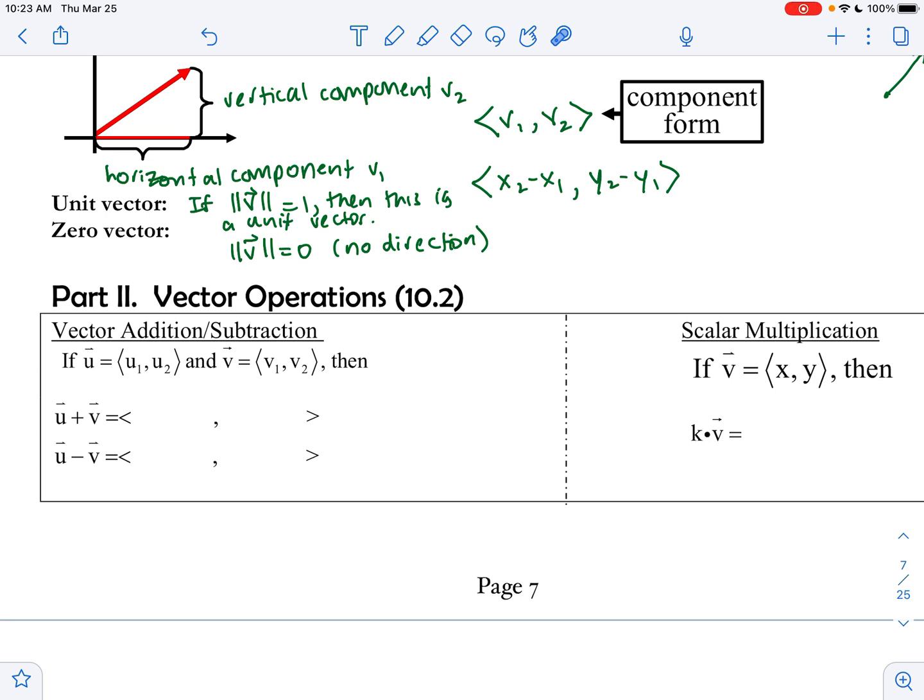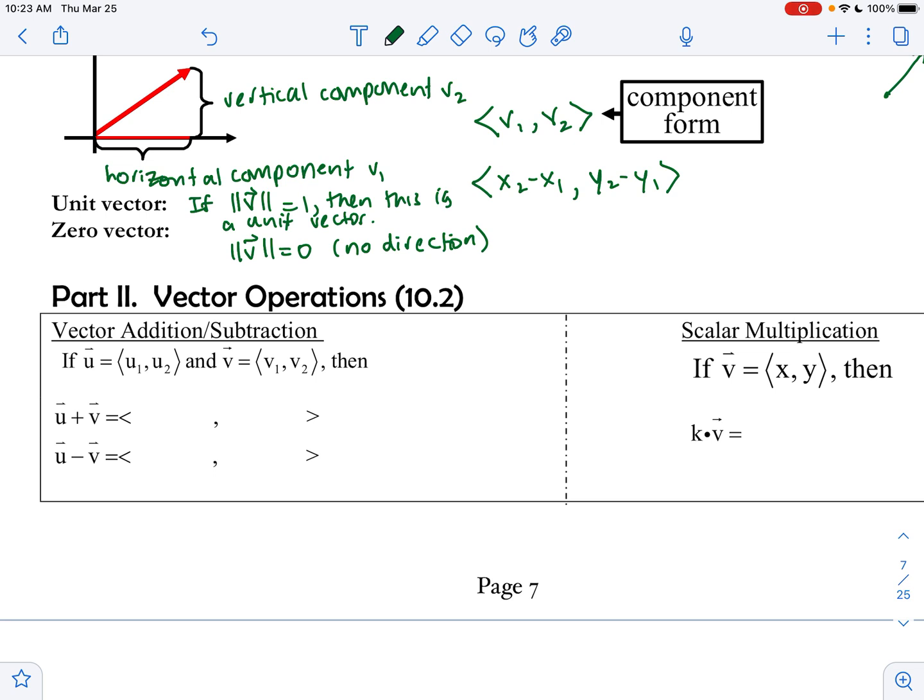You probably learned it graphically in geometry as tail to tip, or in physics as that as well. It's much easier though if we can break down a vector and put it into component form for us to perform these operations.